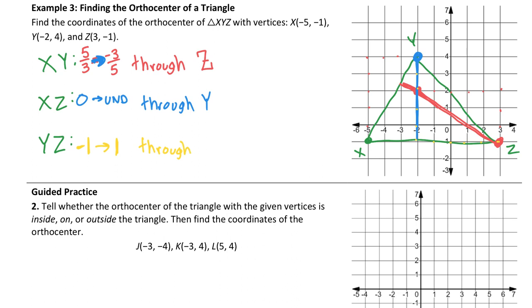And that has to pass through X. So I'm going to create a line that has a slope of 1 that passes through X. So from X, I'm going to count up 1, right 1. Up 1, right 1. Up 1, right 1. And you should see that orthocenter form. The orthocenter of this triangle, I'll write it in black, is the point (-2, 2).